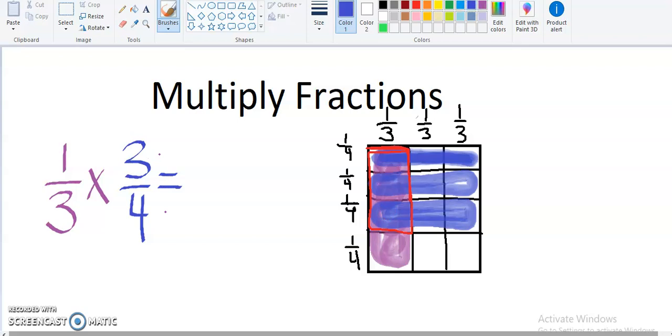So I have 3 in both colors. I'm going to count how many smaller squares I have, which is 1, 2, 3, 4, 5, 6, 7, 8, 9, 10, 11, 12.